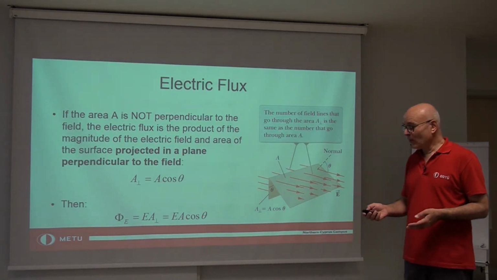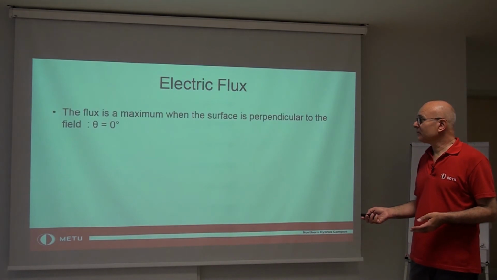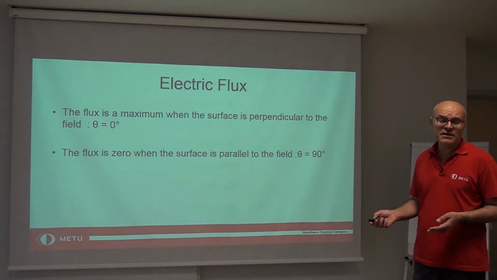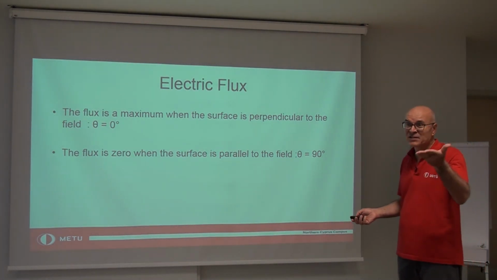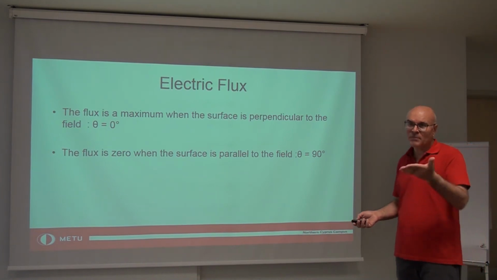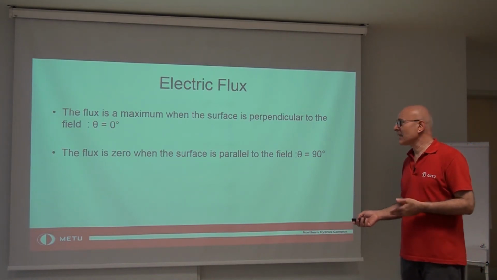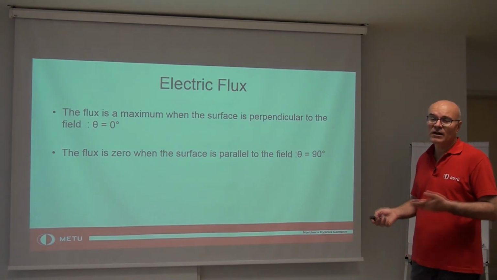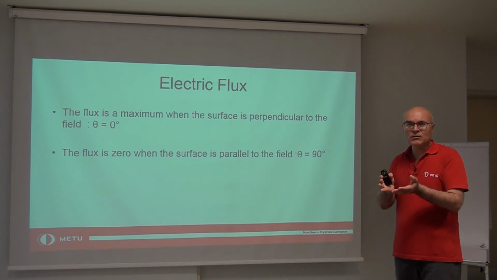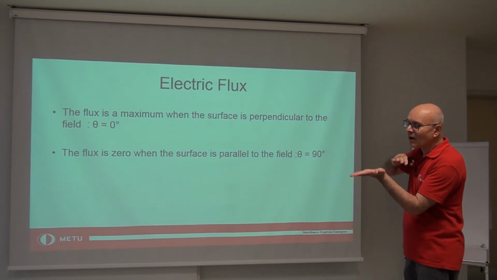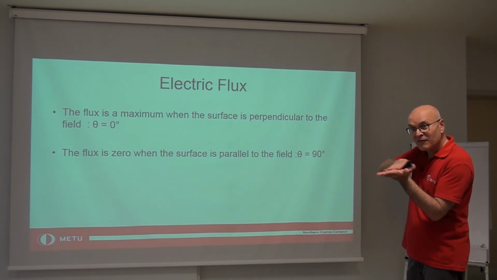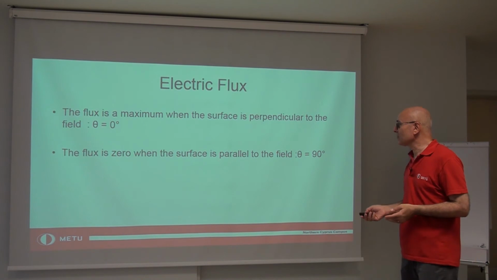It is 0 when the electric field is parallel to the surface, or perpendicular to the normal. Perpendicular to the normal means parallel to the surface, and you will have 0 flux. You can understand this intuitively because the field lines are moving tangent to the surface. They are not penetrating the surface.